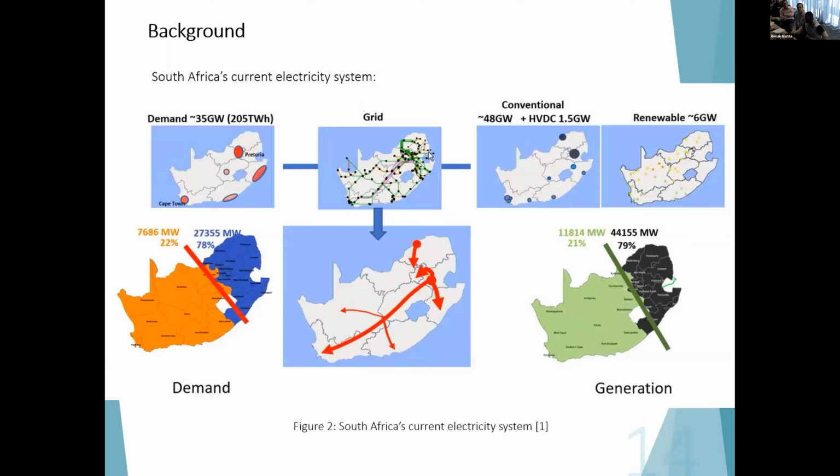Similarly, on the generation side, most of our coal plants are located in Mpumalanga, which is again in the northern side, and the split again corresponds to roughly 80-20, favoring the northern side of the country. So the power flow dynamics are basically from the northern side passing towards the southern side of the country.